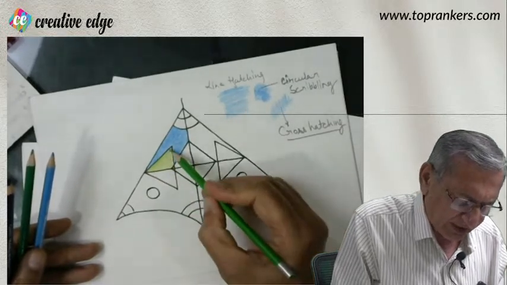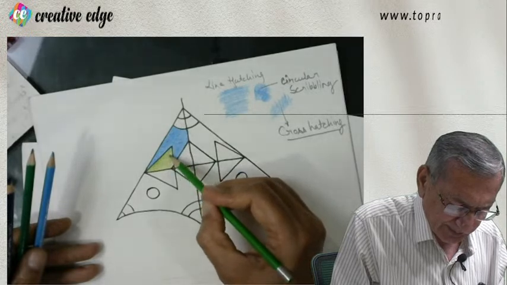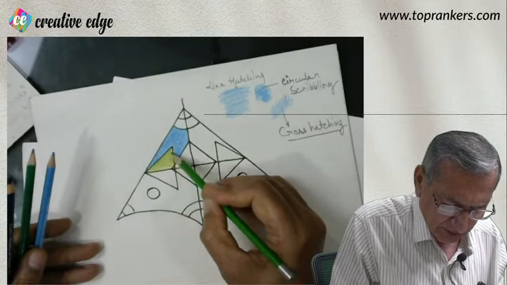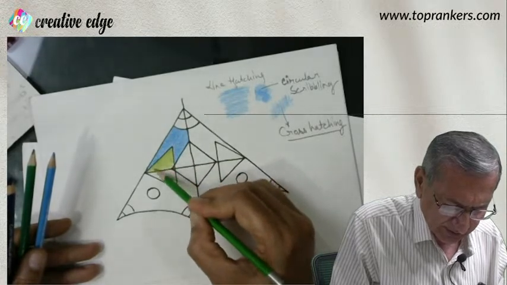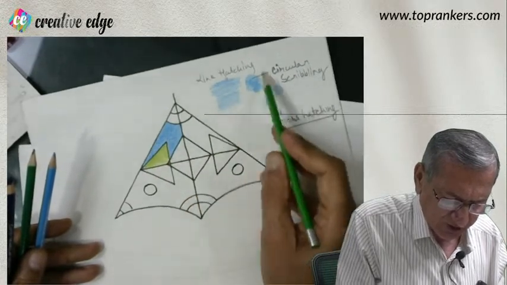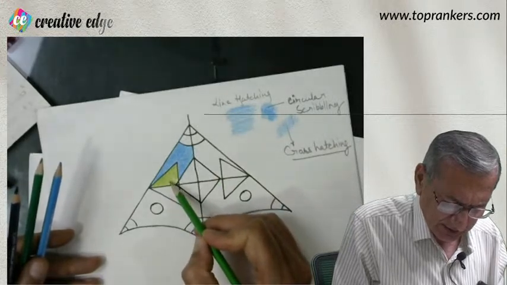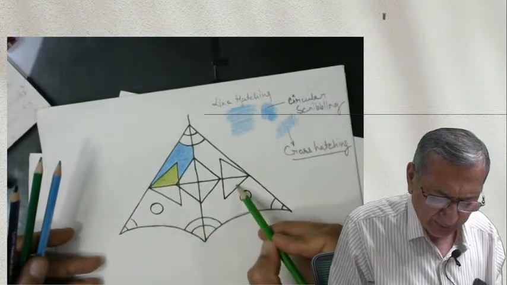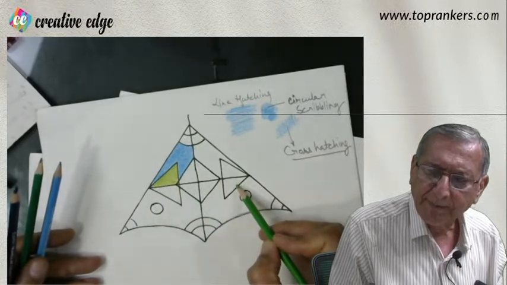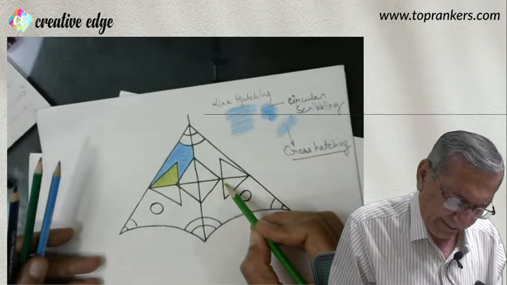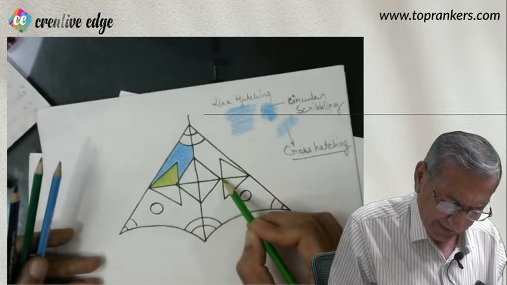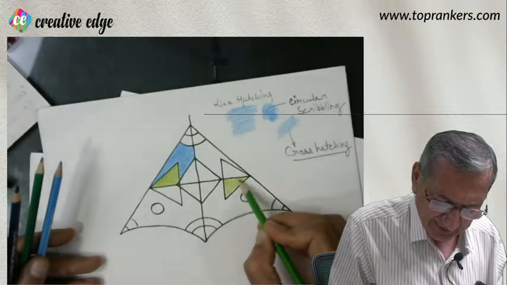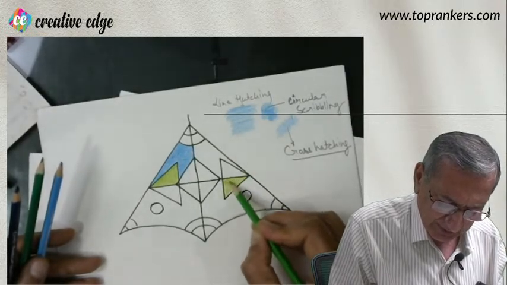Now here is light green, done with the same method, line hatching and circular scribbling. Diagonally opposite would be this. Line hatching, circular scribbling.